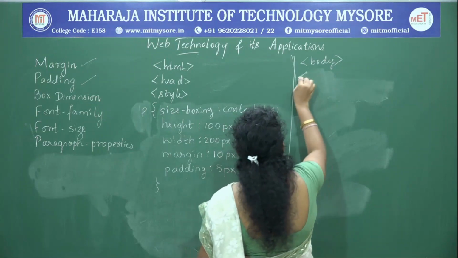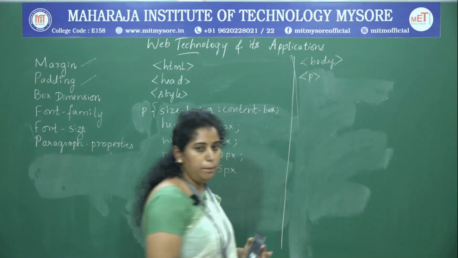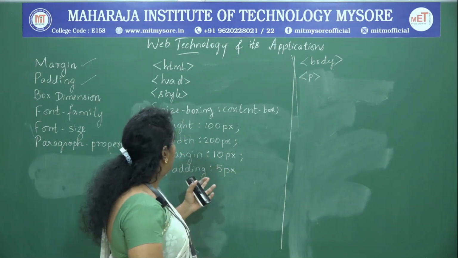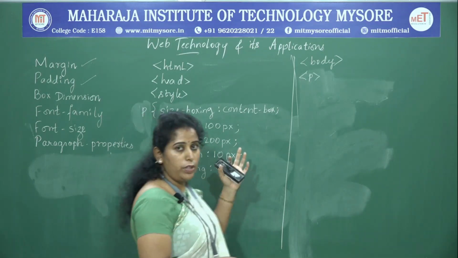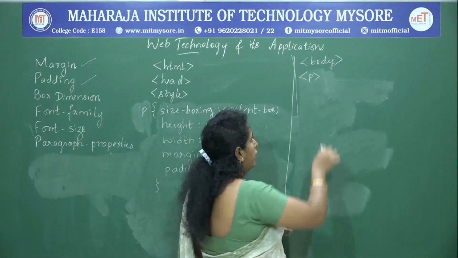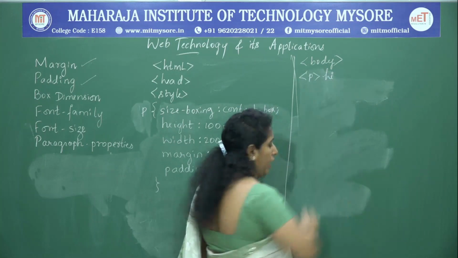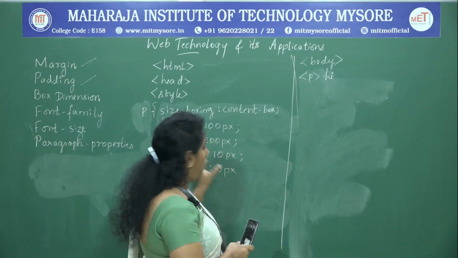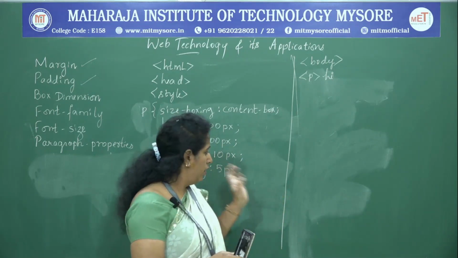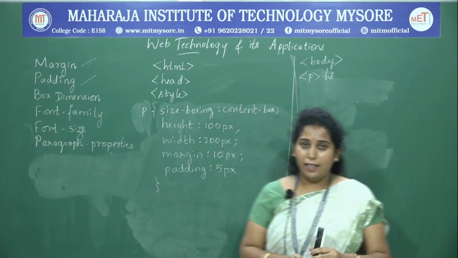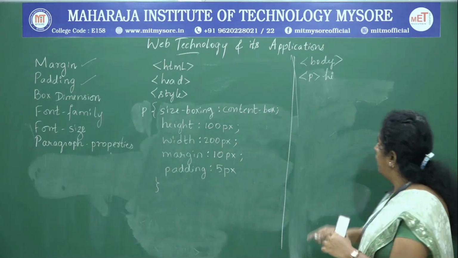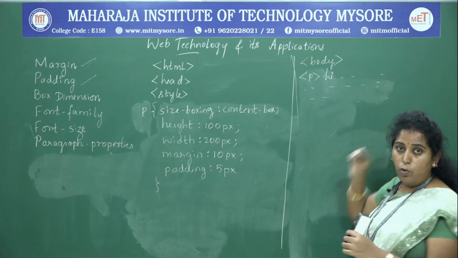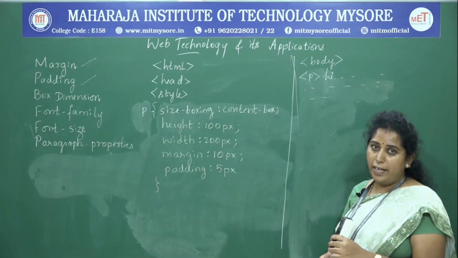Now in the body part, I have to write a text. In order to understand or convey this box dimension topic neatly, it is better to take more than 50 lines of paragraph.